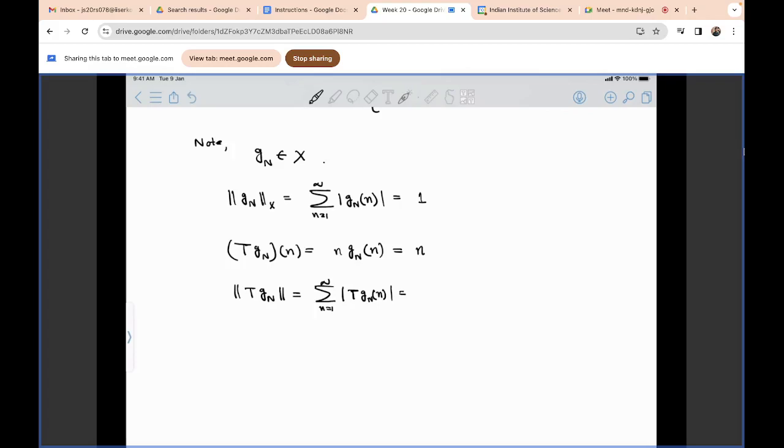So at n equals N it will take the value N. So this norm is N.